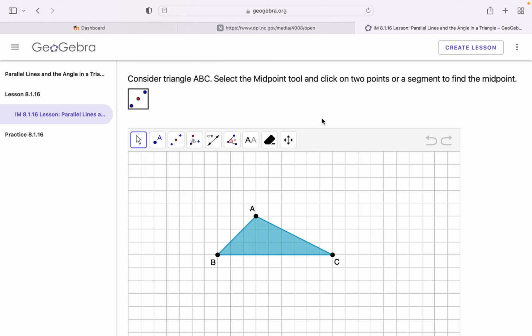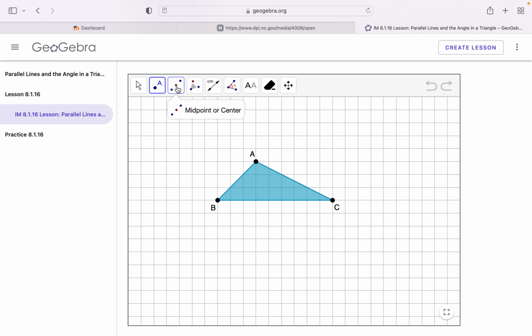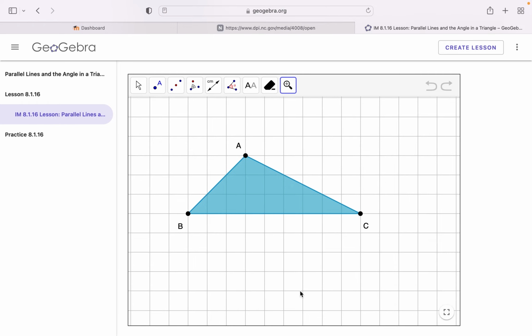We're going to want to select the midpoint tool and find a segment to do that. So what we can do is look at these different commands. We see point, midpoint or center, rotate around a point, distance or length, angle, hide and show label, delete, or move, or we can zoom in and zoom out. So let's zoom in just to get it a little bit bigger.